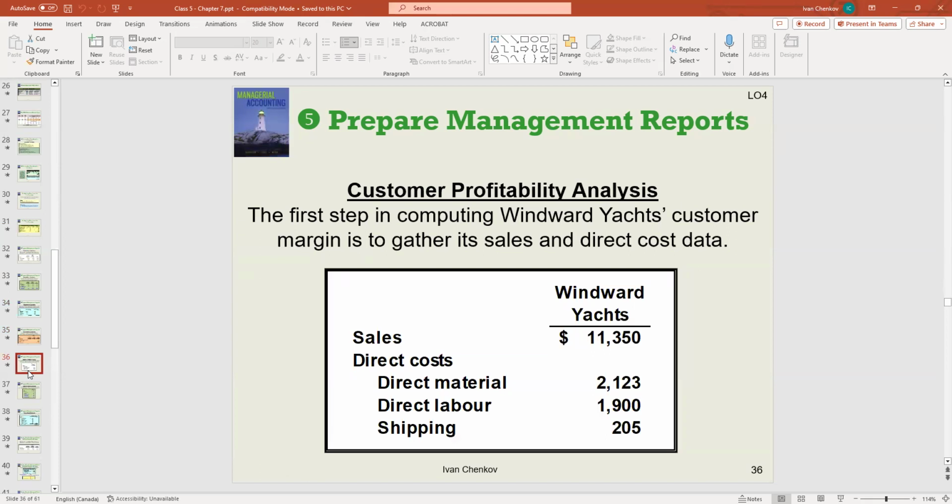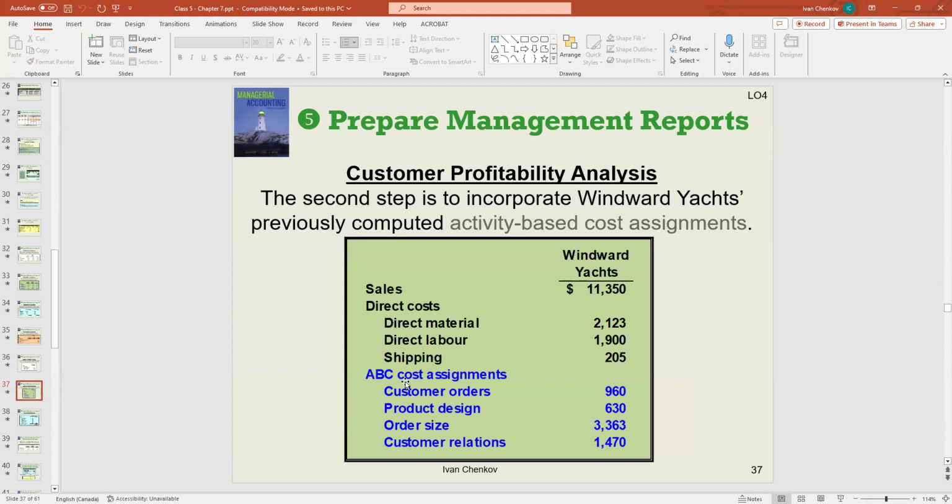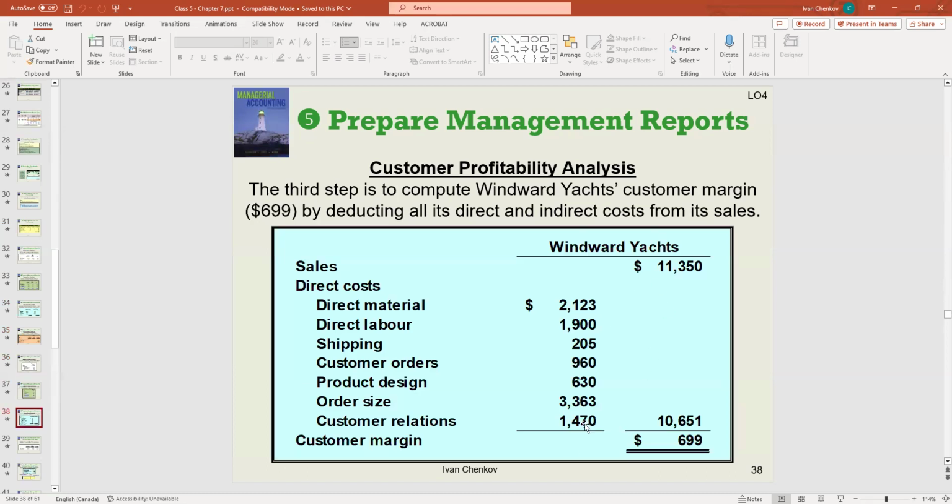The one that we calculated using the activity-based costing, we're calculating that overhead cost. Again, direct material, direct labor, and shipping, we're going to get because those are direct costs. We're not going to change that. But for the costs which we get from the activity-based costing, we're going to assign them based on the calculation that we made. Once we add all the costs, direct material, direct labor, shipping, customer order, product design, order size, and customer relationship, those are the activities that we come up with in activity-based costing.